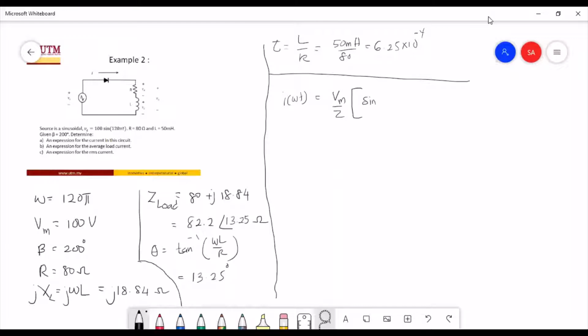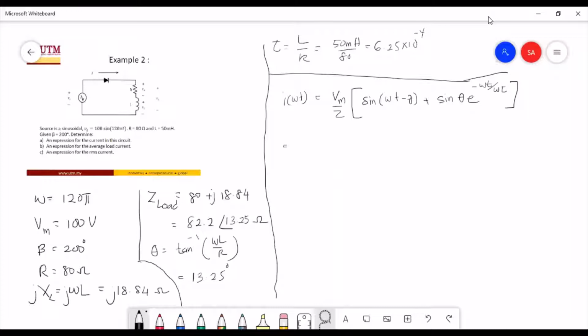sine of omega t minus theta plus sine theta, exponential of negative omega t over omega tau.